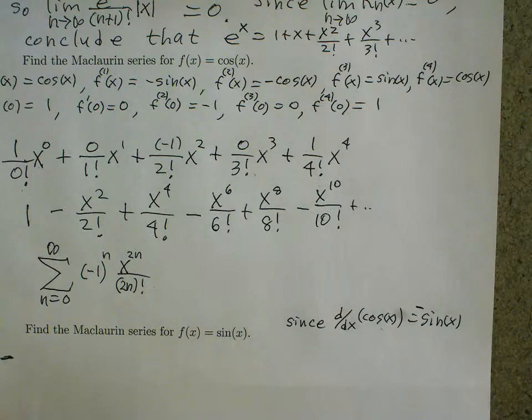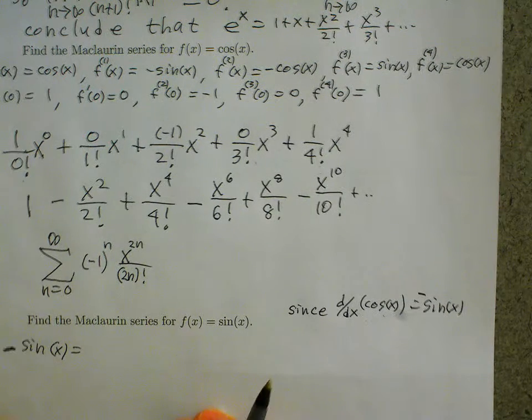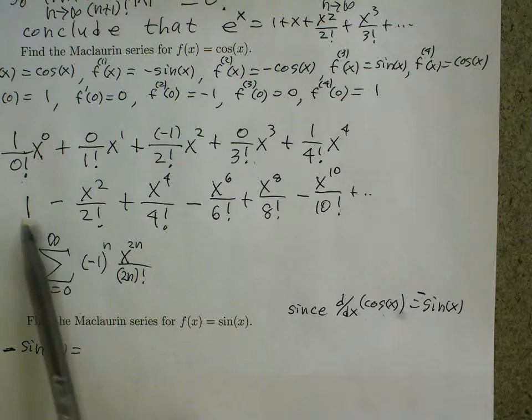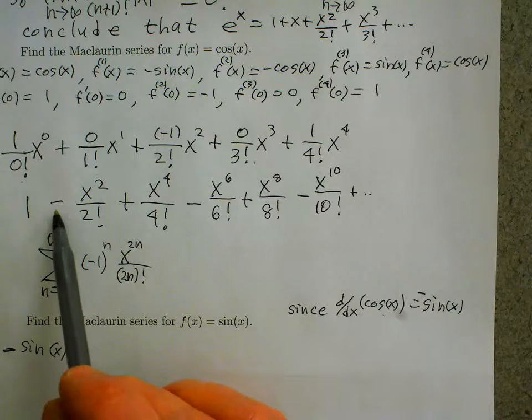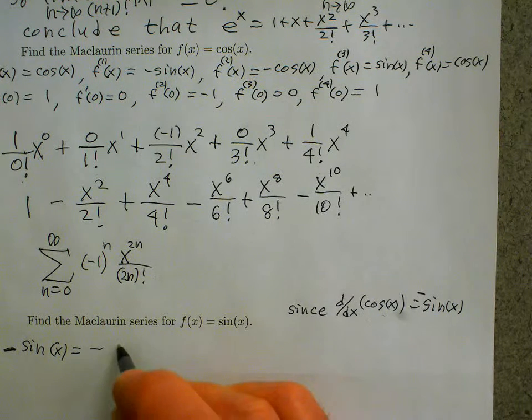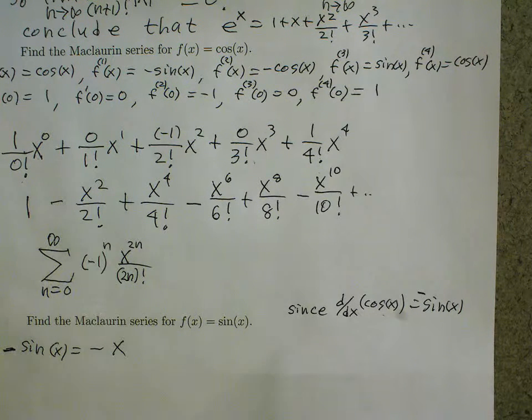So I am not incorrect by writing negative sine of x, which is going to be the derivative of the Maclaurin series for cosine of x. So the derivative of 1 is 0, and then we get negative x. When you take the derivative of x squared over 2 factorial, you're just going to be left with x.